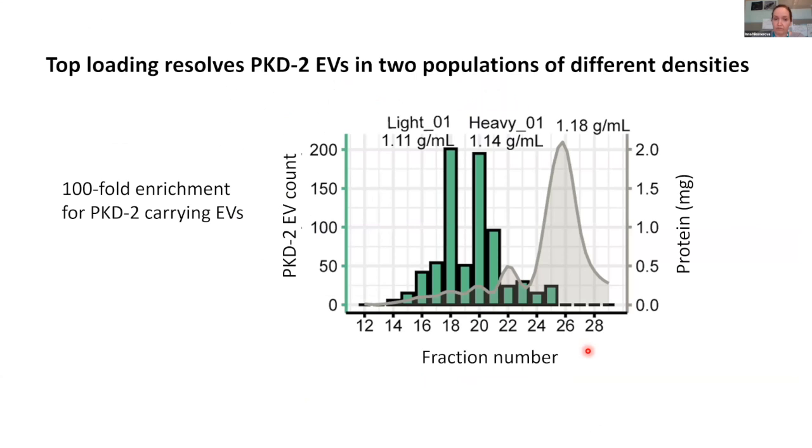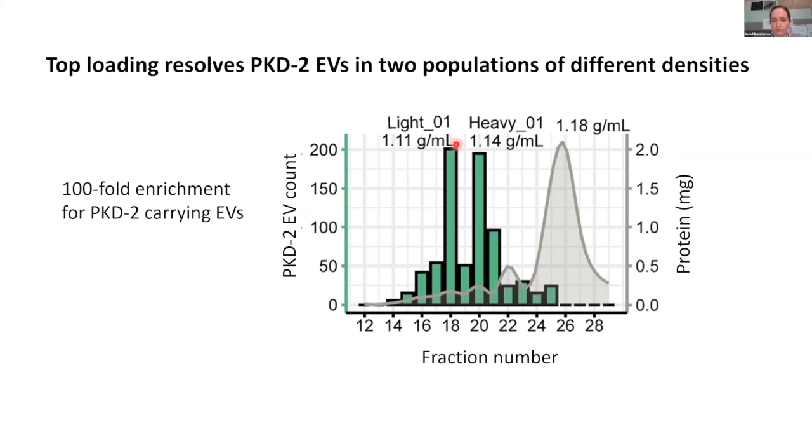The typical profile from this isolation would look like this: the fraction number is on the x-axis, the left y-axis is the number of PKD2 EVs I was able to see in the field of view, and the right axis is the amount of protein in each fraction. So you can see the profile.